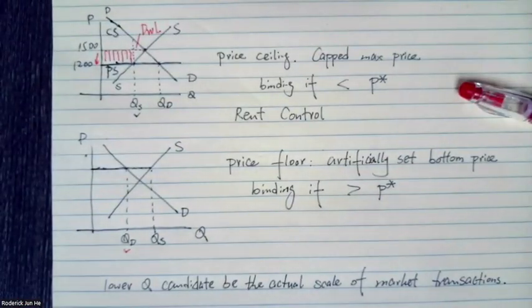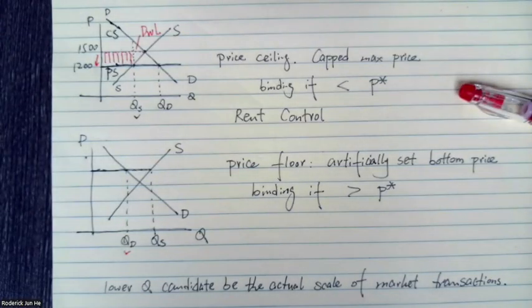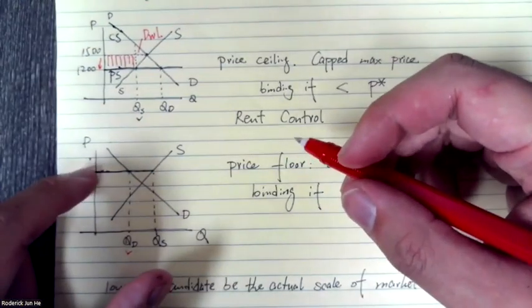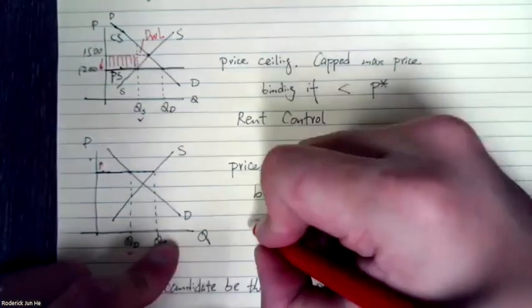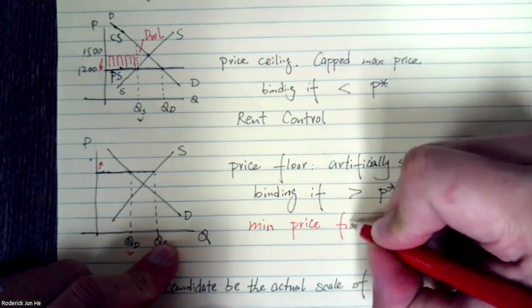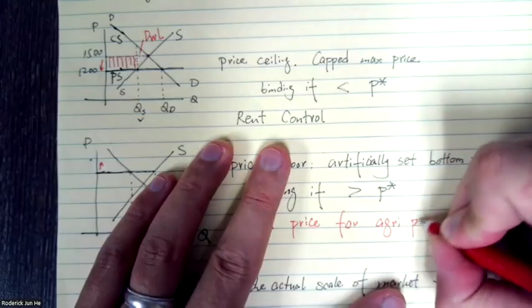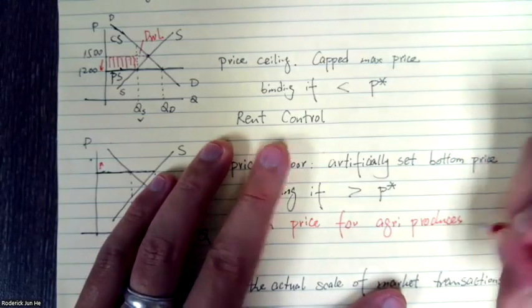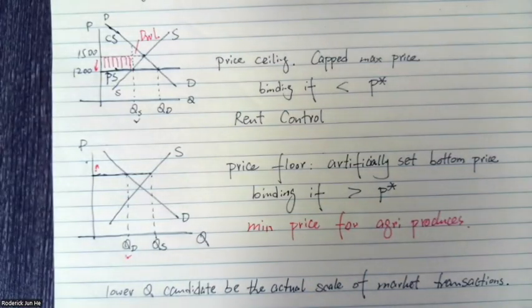Okay, and now let's verify that with our intuition. So first, let's figure out what a price floor is in our intuition. Well, it is that a price cannot be lower than that, right? So an example for that is a minimal price for agriculture products producers, because conceptually we want to support our farmers, right?